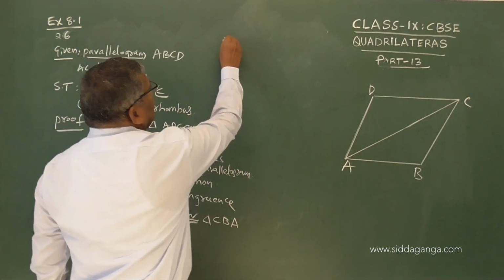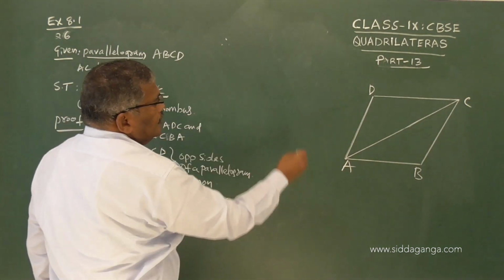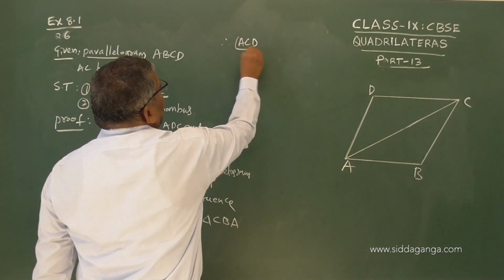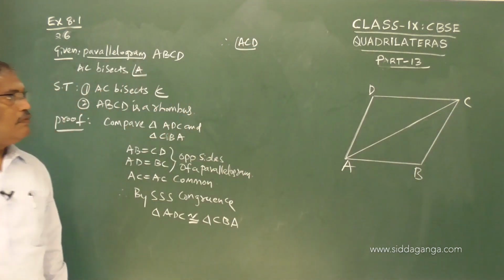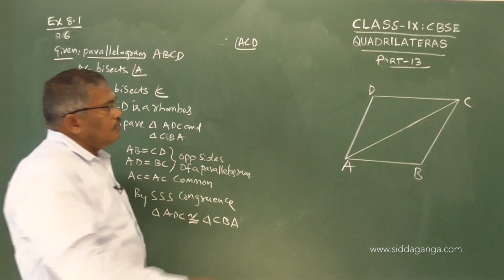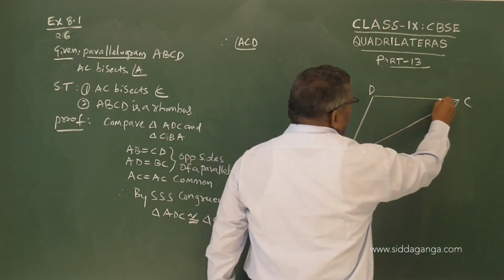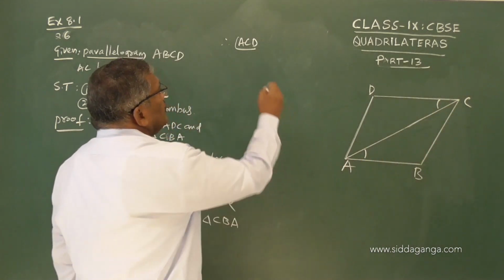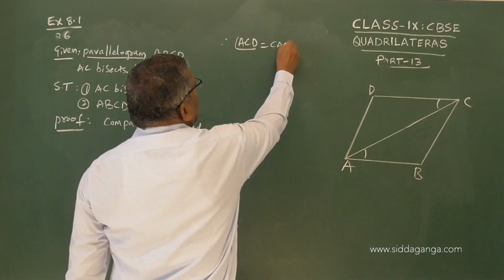So therefore, in triangle ACD, you can see this angle, and CAB, this angle, will be equal.